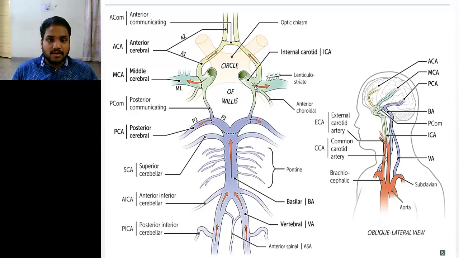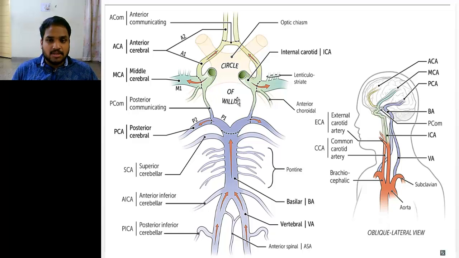Now you have the internal carotid artery, that is the anterior circulation, which I have talked about earlier, right? So this is the anterior circulation, this part. This is the internal carotid artery that is breaking down into the middle cerebral artery and the anterior cerebral artery. This is the other internal carotid artery that is breaking down into the middle cerebral artery and the anterior cerebral artery, right?